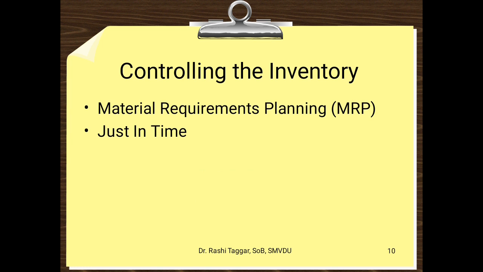So the concept of materials requirement planning, it was developed by Joseph Orlicki, and the first company to use this material requirements planning was Black & Decker in 1964.